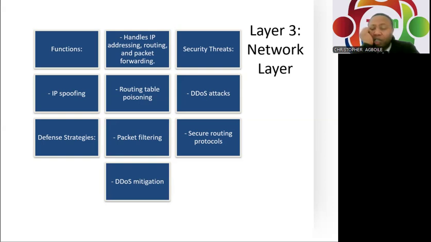IP spoofing, which means sending packets with a forged IP address. The impact is that the attacker will evade detection, or mimic a trusted host to gain access into the network. To prevent this, you must do packet filtering, and verification mechanisms must be put in place to overcome this.